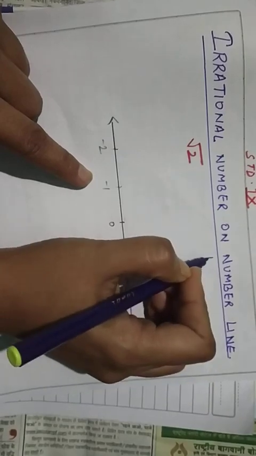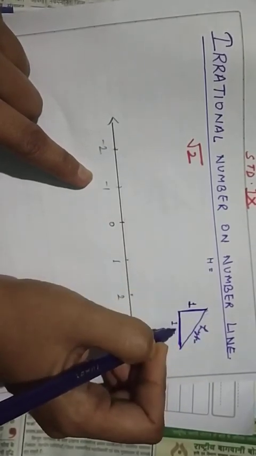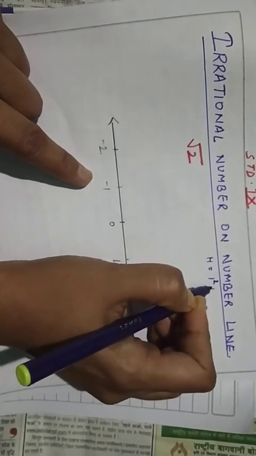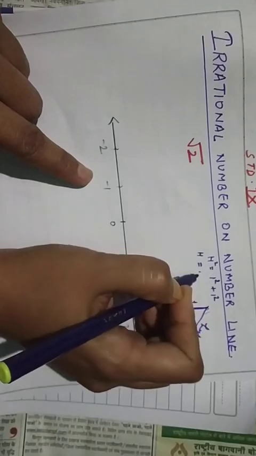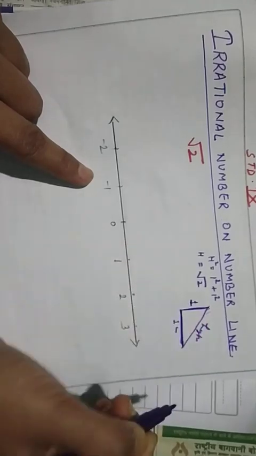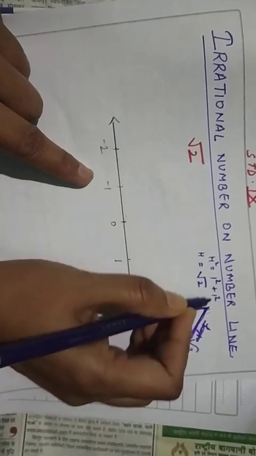The square of the hypotenuse is equal to the sum of the squares of the base and perpendicular. So 1 squared plus 1 squared, and hypotenuse squared, will be equal to 1 plus 1, so this length will be equal to under root 2.